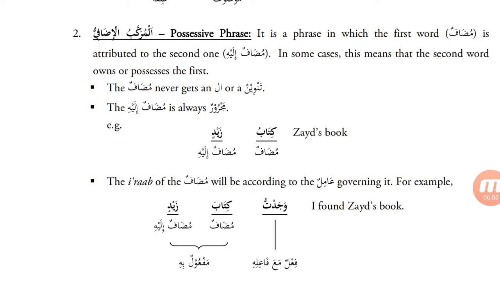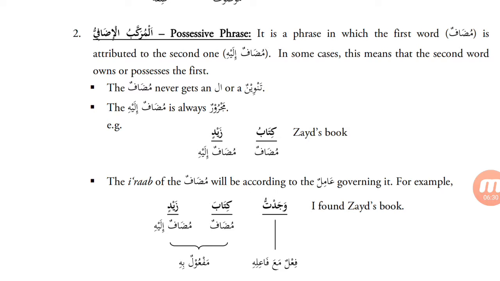To whom the item is linked is the mudaf ilayh, and the item itself, the object that is possessed, is known as the mudaf. So here, kitab is the possessed item. Kitab is mudaf, and the possessor of the item is the mudaf ilayh.